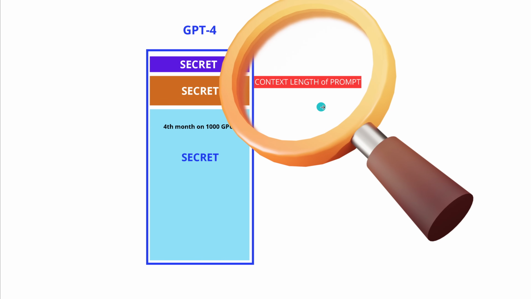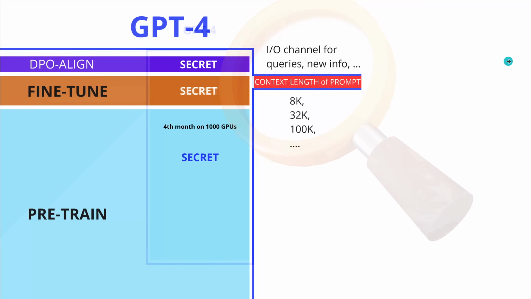Then we had 8,000 tokens. Now we have 32,000 tokens. And yes, we will scale up to 100,000 tokens. But 100,000 tokens compared to trillions of parameters, you see the actual size of our prompt and the context length that we can use as an I/O channel.